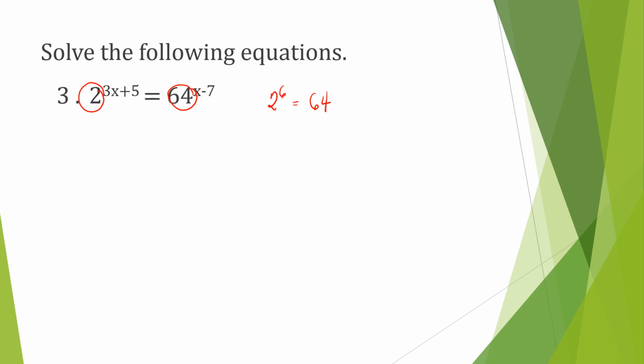Now let us rewrite 64 as 2 raised to 6 so that each side will have the same base. So we have 2 raised to 3x plus 5 is equal to the quantity 2 raised to 6, raised to x minus 7.